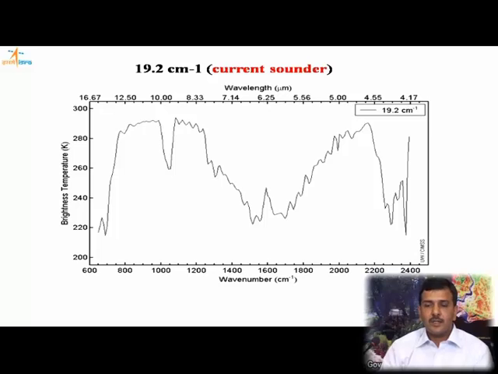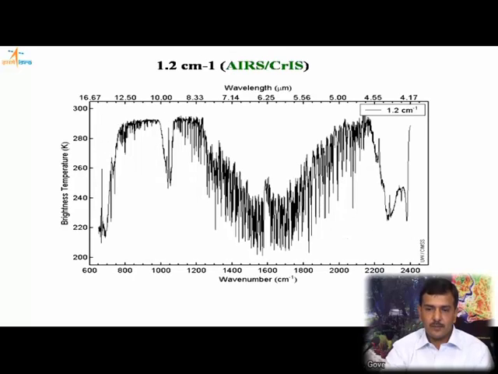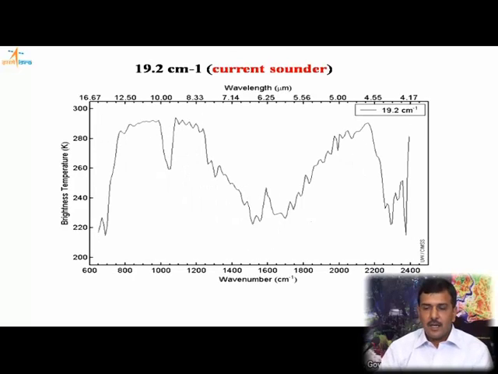Now if we move on to current sounders, which we have on board the GOES satellite and no polar orbiting satellite, that has a resolution of 20 centimeter inverse. So the spectrum would look like this one. So all the rotational lines which you had seen in the IASI as well as AIRS got averaged out, and the spectrum which you get at the top of atmosphere is somewhat like this.